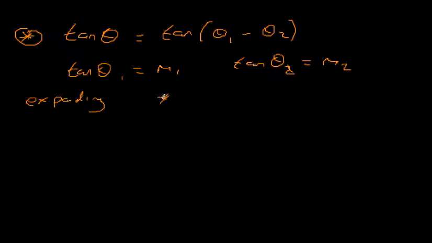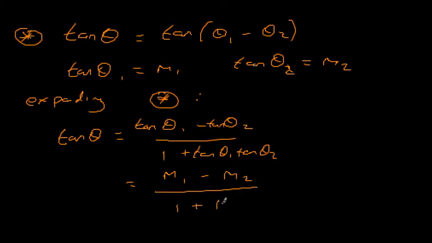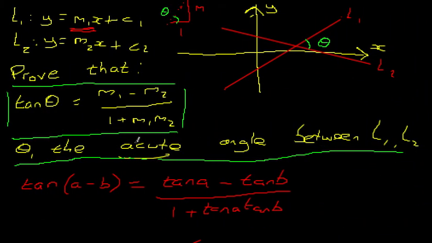Expanding star gives, as we did before, tan theta is tan theta 1 minus tan theta 2 over 1 plus tan theta 1 tan theta 2, but we can substitute in the values because we know what tan theta 1 and tan theta 2 are, and this is m1 minus m2 over 1 plus m1 m2, and this is exactly what we were aiming for over here.